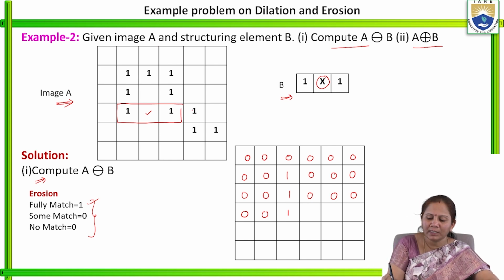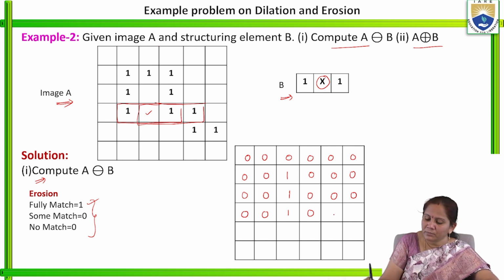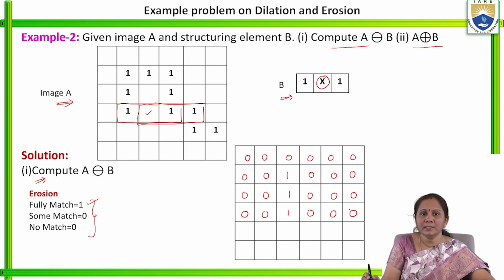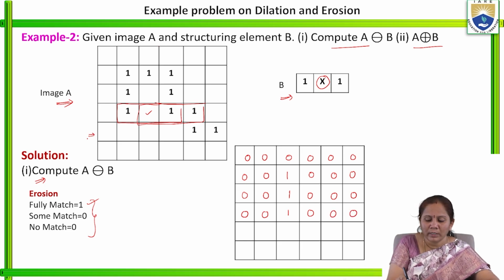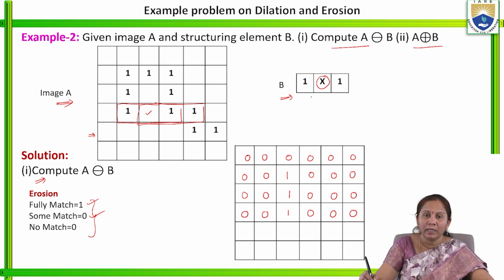Whereas the remaining cases, if you shift this structuring element, here are two ones, but here there is no 1. So it comes under some match. The value will be 0. Similarly, in this row, if we shift the structuring element and check, there will not be any fully matched conditions. So we can keep all these as zeros. So here, if we consider this fifth row, all these are vacant spaces. So simply we can consider only some match or no match because there is don't care here.